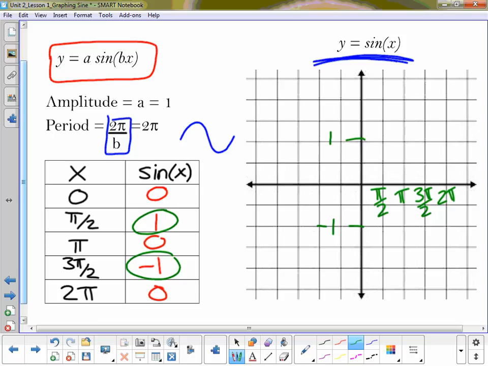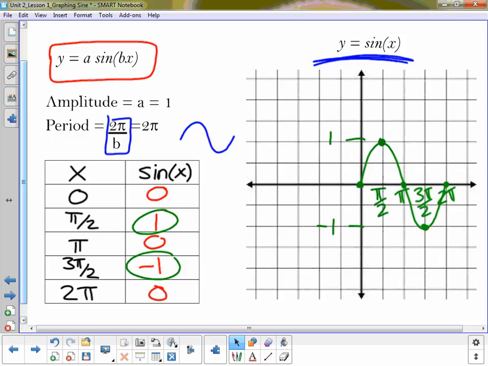So 2 units is going to be 1 for me. Sine is a continuous periodic function, which means it's going to continue doing that forever and ever in both directions, and it's going to follow the same pattern.